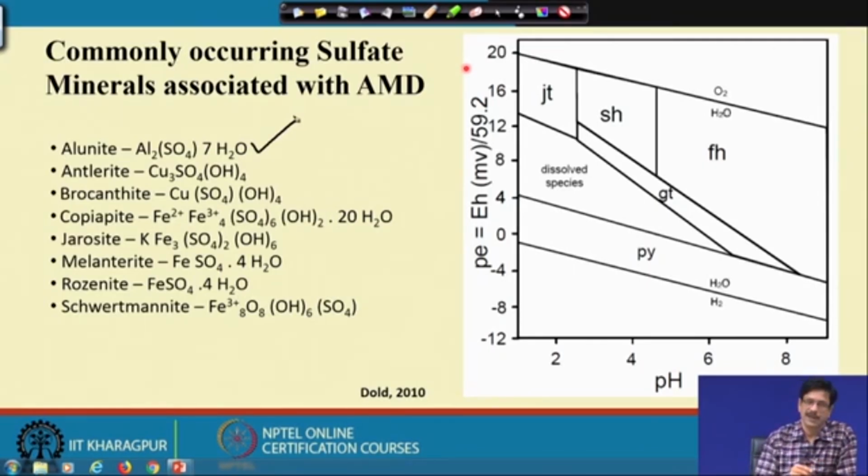So we know what they are. They do form in very low pH conditions, and among the mineral phases we list there are many more, secondary sulfates as well as sometimes silicates and hydroxides, iron aluminum hydroxides, when they form.